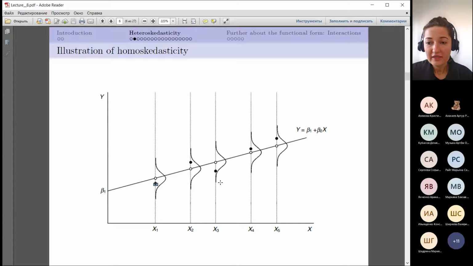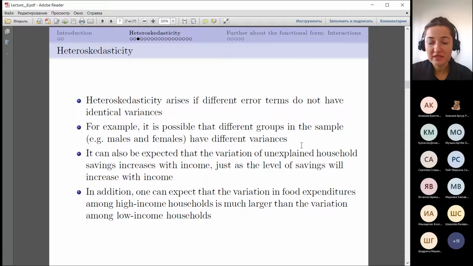And the potential distribution of the disturbance term and the actual outcome are shown in a similar way for all other observations. So this is the picture of homoscedasticity. But of course, homoscedasticity fails whenever the variance of the unobserved factors changes across different segments of the population.